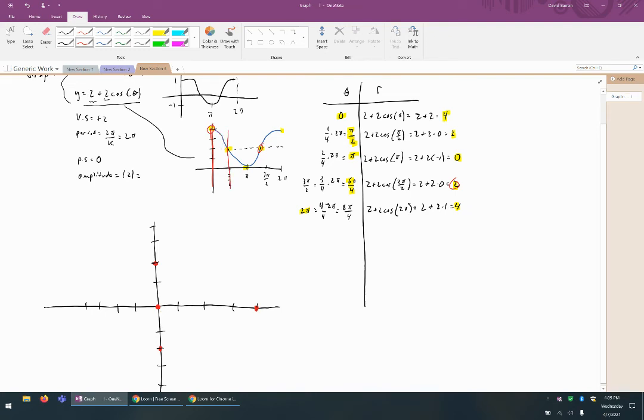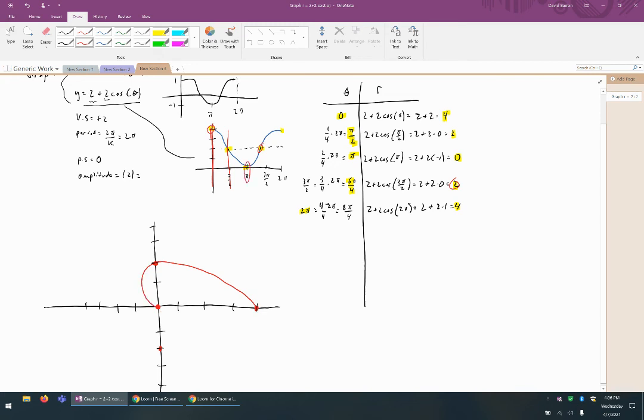In other words, the curve that connects this point to this point is getting closer and closer to the origin. If we draw a nice little curve connecting them, this area over here is closer than here. So that jives with the information we have. And then as we move from pi over 2 to pi, the r value decreases to 0. In other words, this is going to curve into the origin.